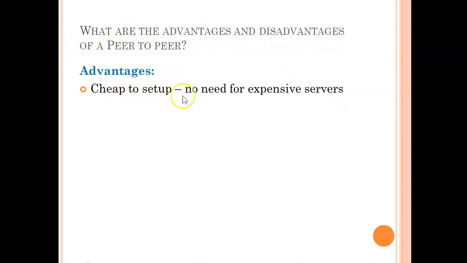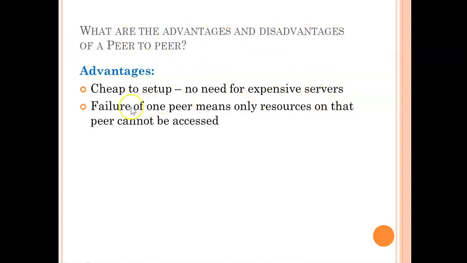What are the advantages and disadvantages of a peer-to-peer? So advantages is cheap to set up. There's no need for expensive servers. You don't have to buy servers. Failure of one peer means only resources on that computer or on that peer cannot be accessed.